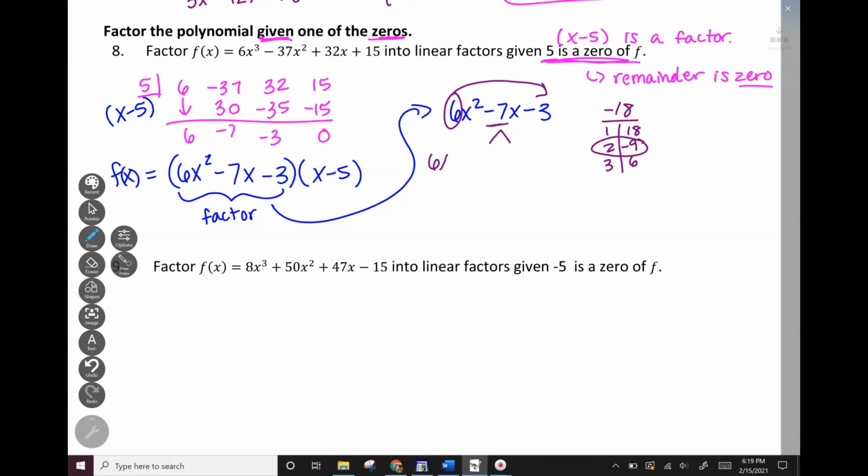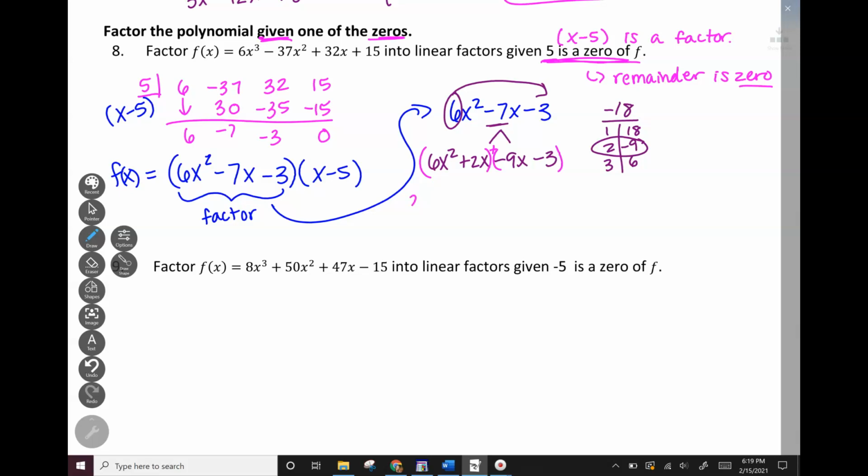So I would do 6x squared plus 2x minus 9x. So what you just did was split up the negative 7x into 2x minus 9x, right? Because 2x minus 9x is negative 7x. Hopefully we've got the hang of factoring, but I know some of us need a review sometimes. And then we group.